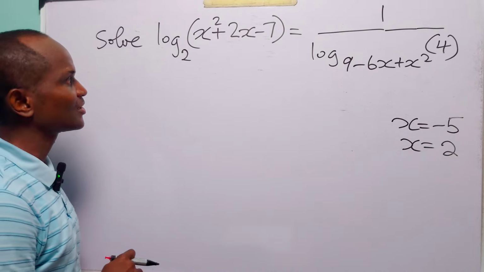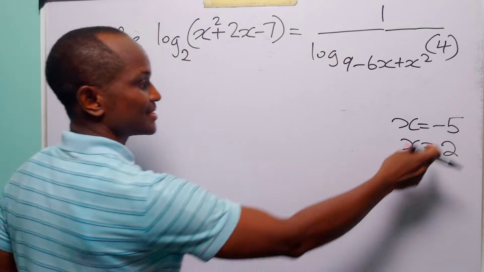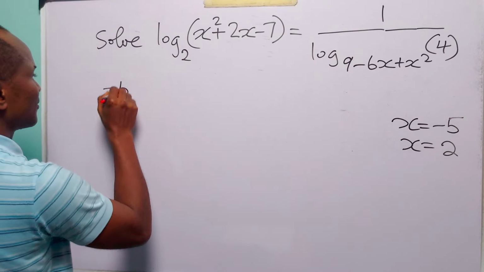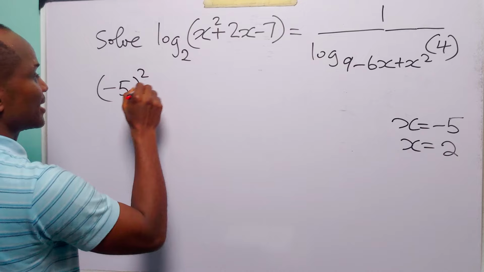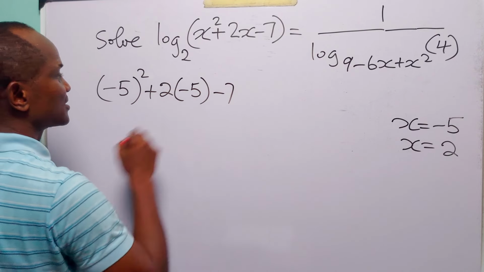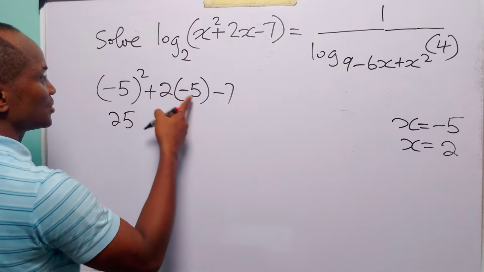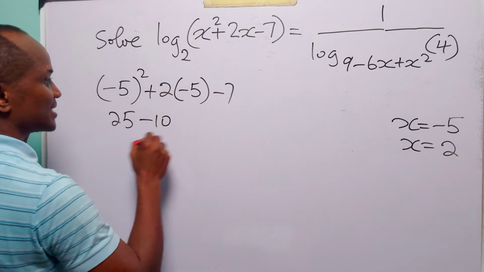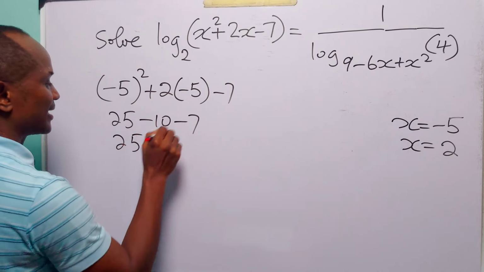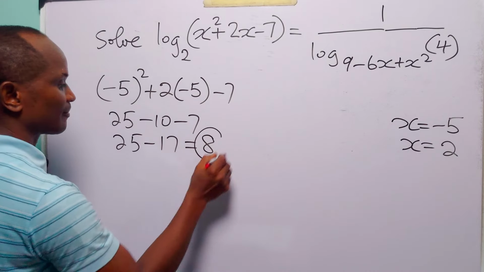Now, to check our answer, let us start by evaluating these two quadratic expressions when x is equal to minus 5. In this case, we have minus 5 squared plus 2 times minus 5 minus 7. Minus 5 squared is 25. 2 times minus 5 is minus 10 minus 7. 25 minus 17 is equal to 8.